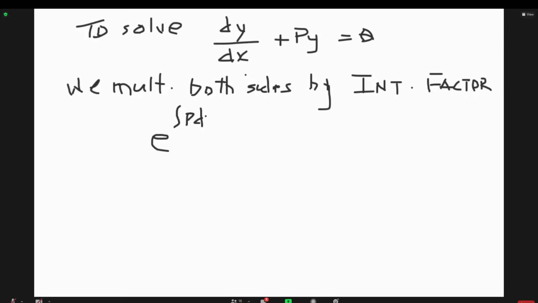All right, this here is the integrating factor, e to the integral of p dx. All right, so let's do an example, and then we'll switch and I'll show you it in simplified form.